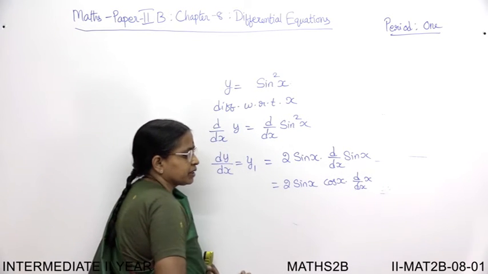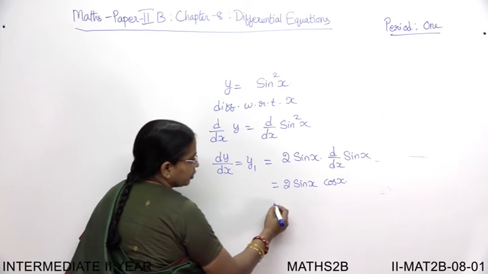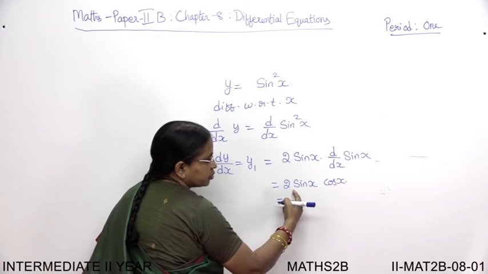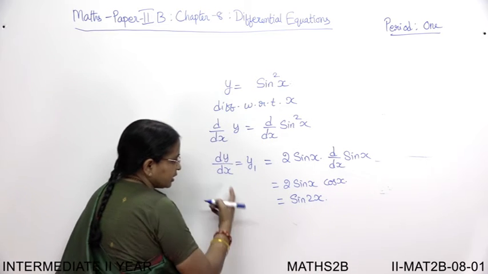The derivative of x with respect to x is 1 only. So you have 2 sin x cos x. You can also write this as sine 2x. So this is y1.